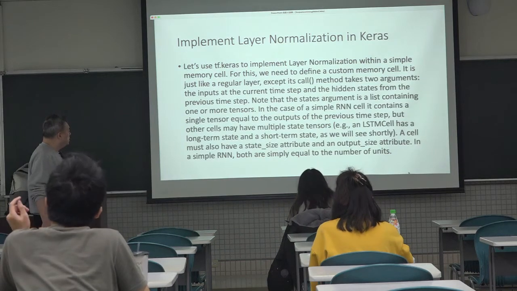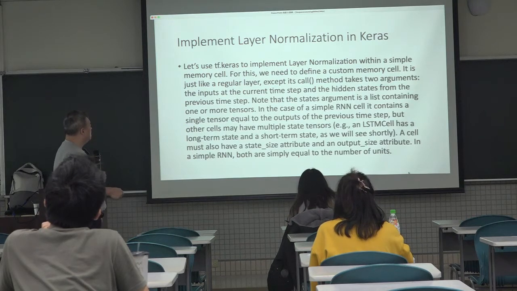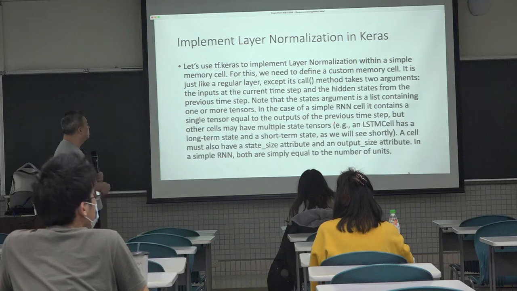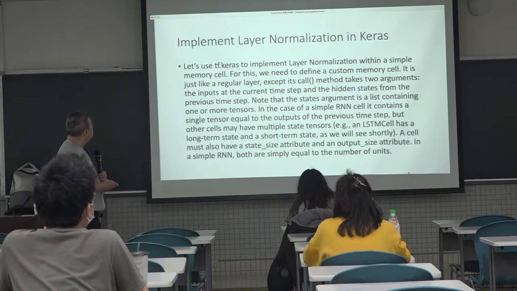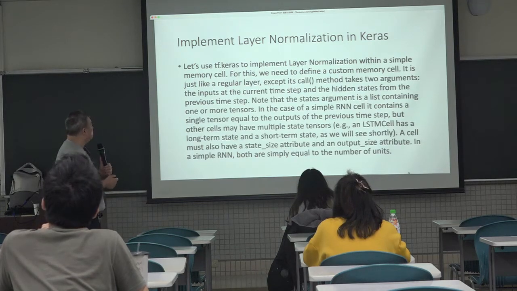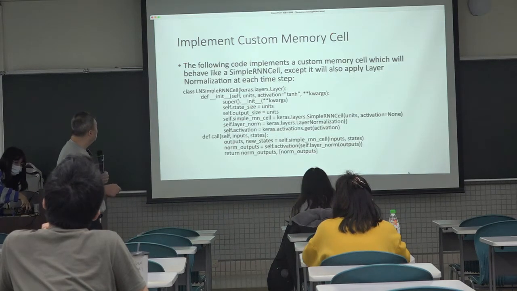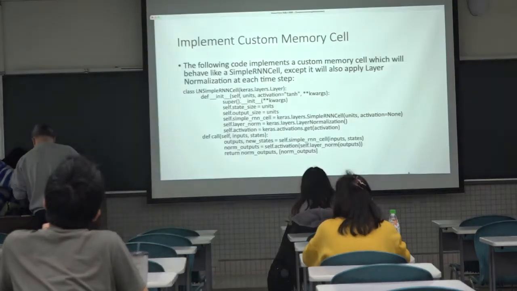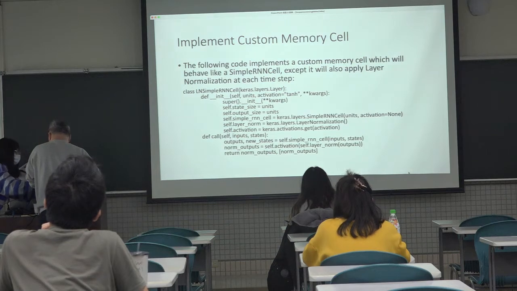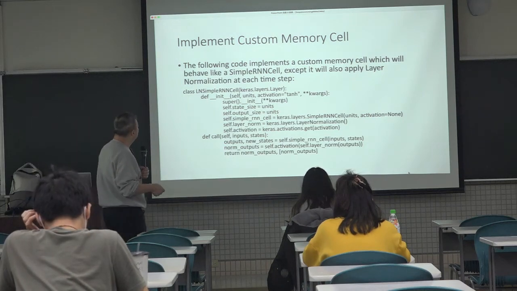So what we can do here is subclass the RNN cell, and then create an RNN cell with the layer normalization functionality in there. So this is the thing.